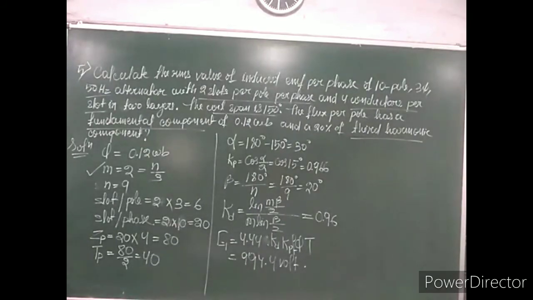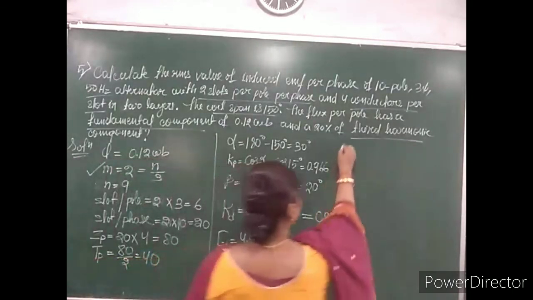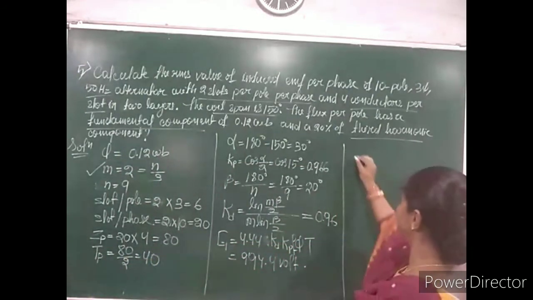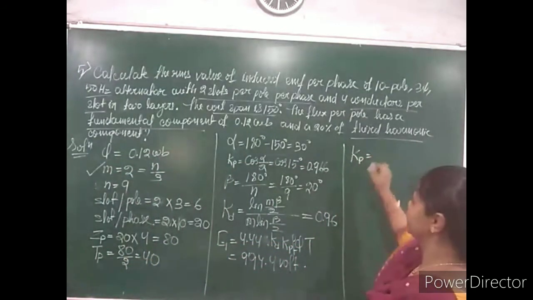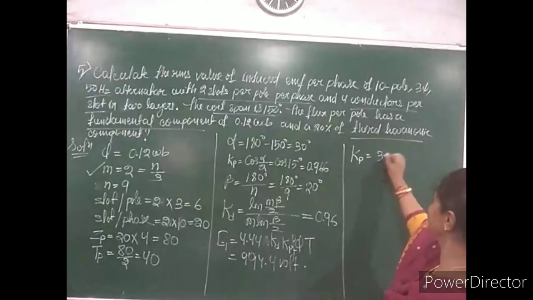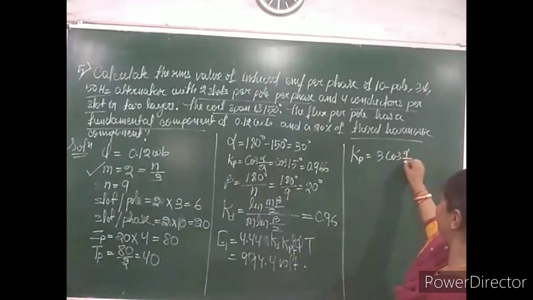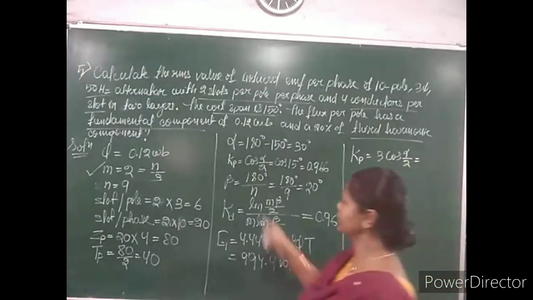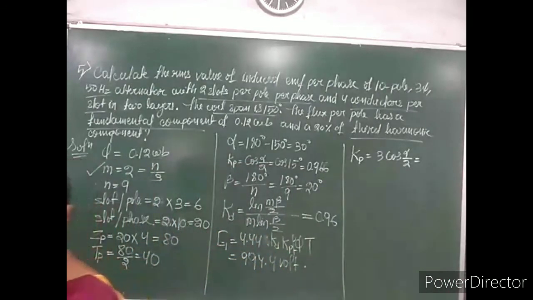Next we go for the calculation of third harmonic component. Third harmonic component means for each factor you multiply 3. Kp is cos alpha by 2, here you multiply 3.